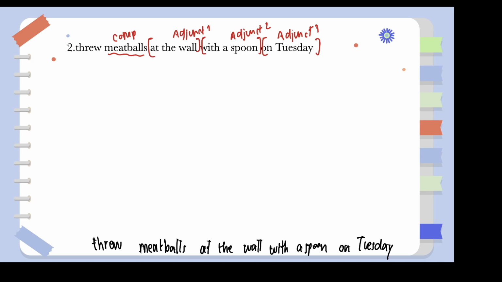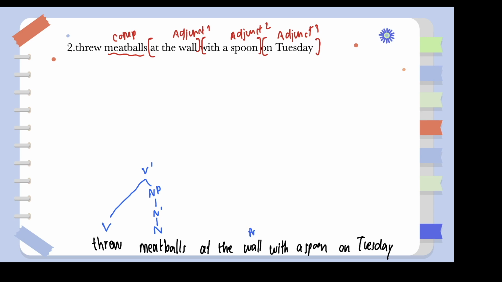Okay, let's start with our complement and our head. Our complement meatballs is the n, and then we have n bar, and then nothing modifies meatballs, so we can have NP. This NP is attached with the verb threw to be the V bar. So we're going to stop at that. We're going to analyze our first adjunct, at the wall.